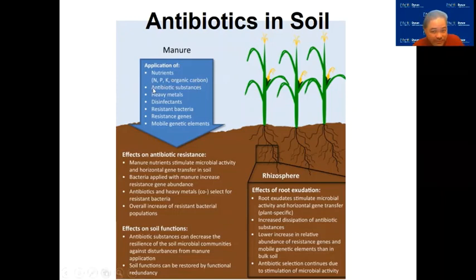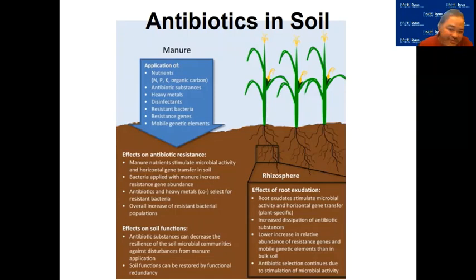You can also have antibiotic substances, heavy metals, disinfectants, resistant bacteria, resistance genes, and mobile genetic elements, and it's going to affect antibiotic resistance. The manure nutrients will stimulate microbial activity and horizontal gene transfer, as I told you. So the bacteria applied with manure increase the resistance gene abundance and the overall resistant bacterial population.